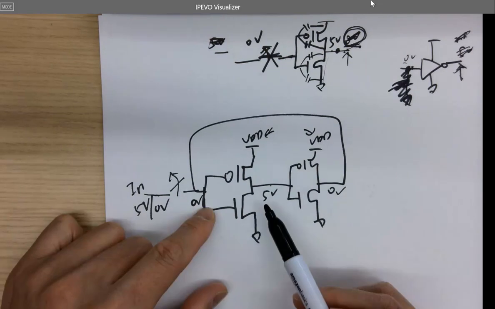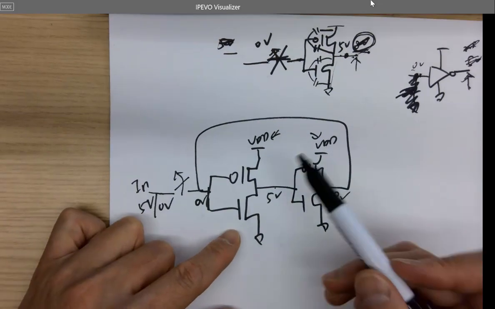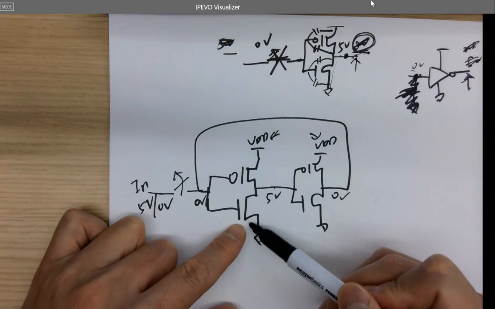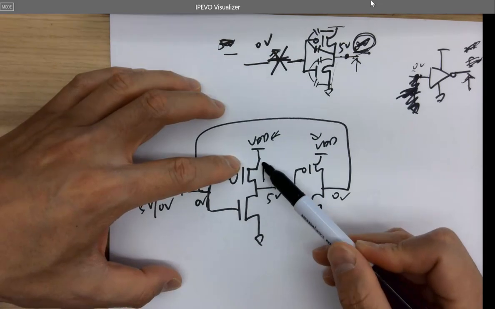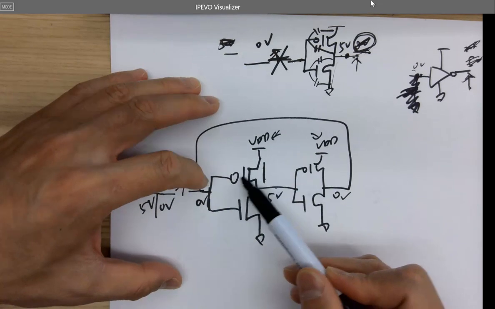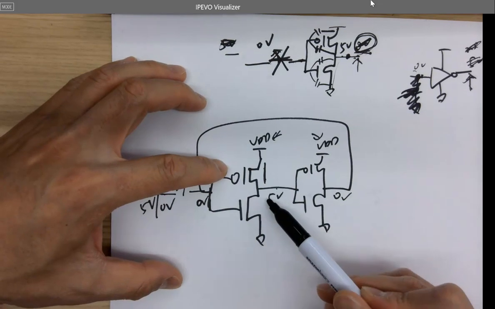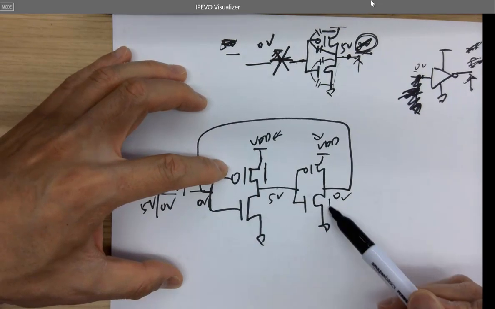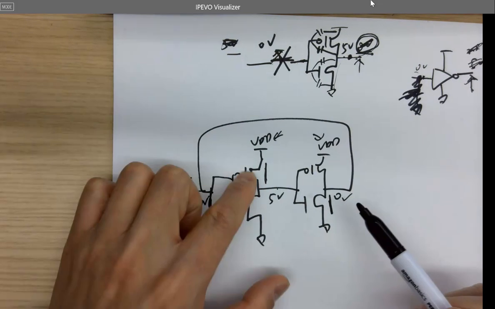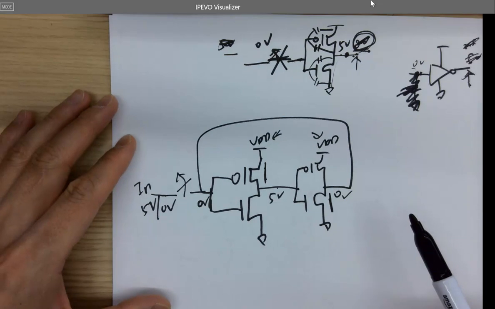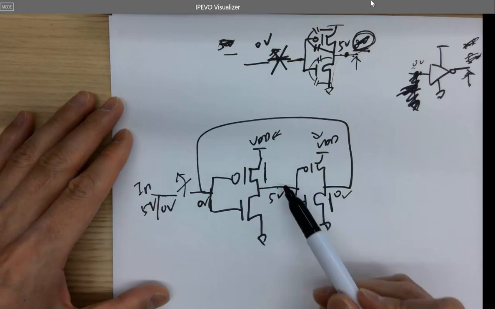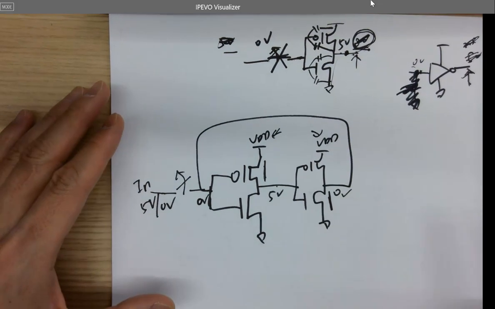So if you look at the transistors, this one, if you have 0 volts, this PMOS is on. And with 5 volts, this NMOS is on. So you've got PMOS and NMOS on at the same time. Are they competing with each other? One is pulling this node to VDD, one is pulling it to ground.